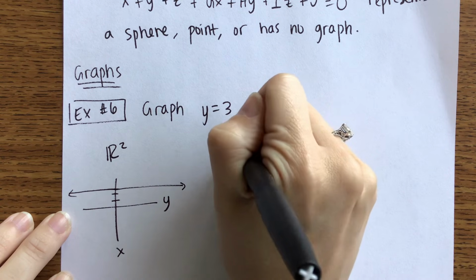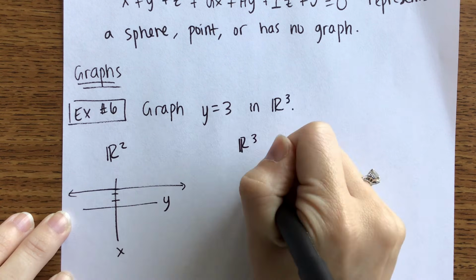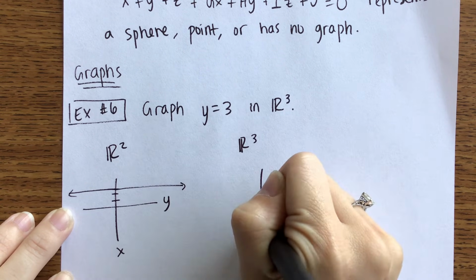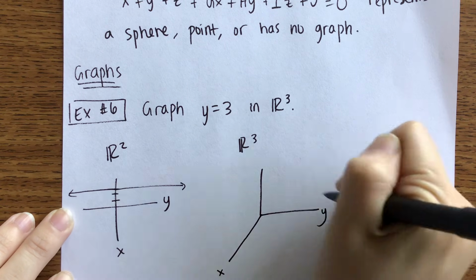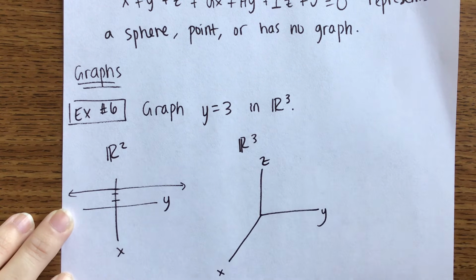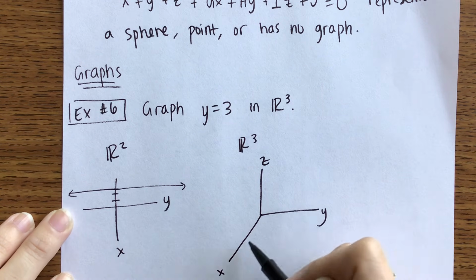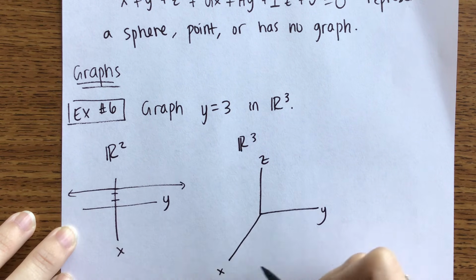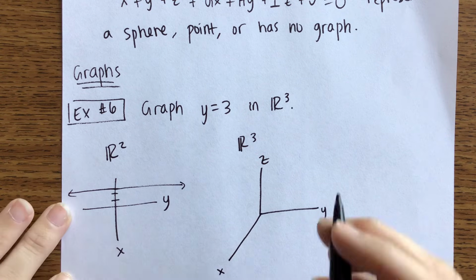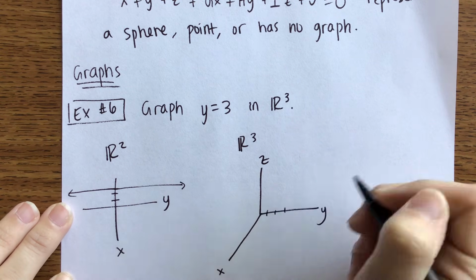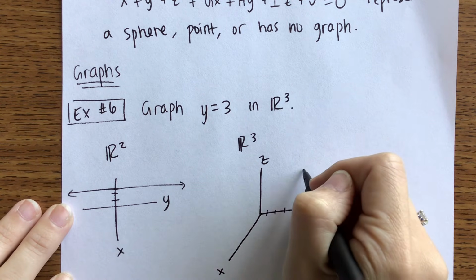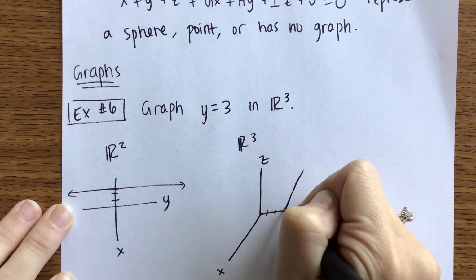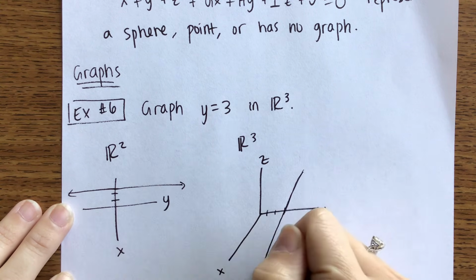Then I would think about that idea in 3 space. So this here is the xy plane, so that's what we graphed over here. I would start again by graphing just on the xy plane, ignoring z. On the xy plane, this is just a horizontal line. Here it was horizontal.